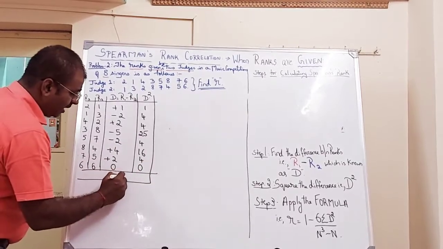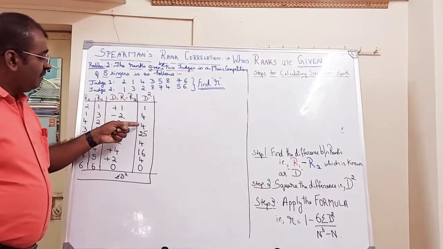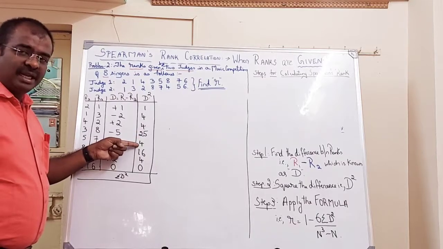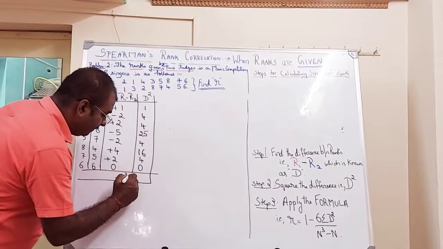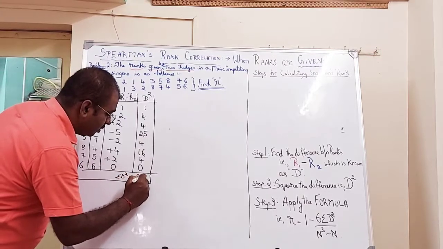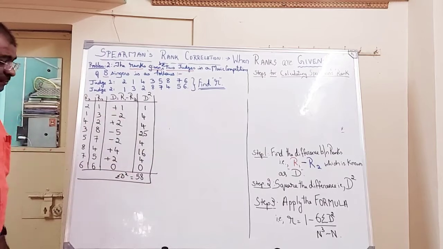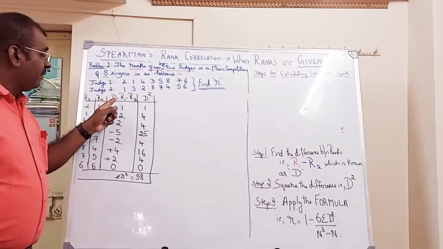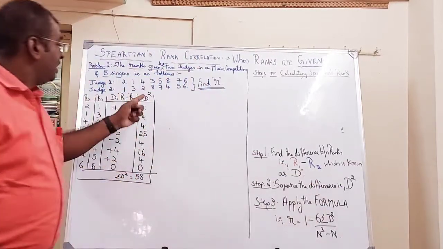Now we find sigma d square: 1 plus 4 is 5, 5 plus 4 is 9, 9 plus 25 is 34, 34 plus 4 is 38, 38 plus 16 is 54, 54 plus 4 is 58. So sigma d square is equal to 58. We have applied the first step, finding the difference between R1 and R2, and the second step, squaring the difference.